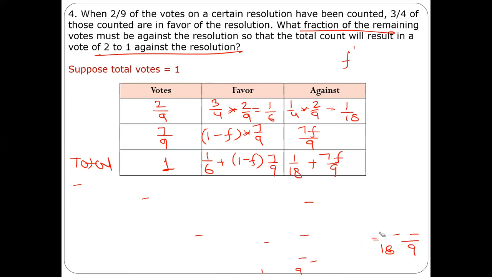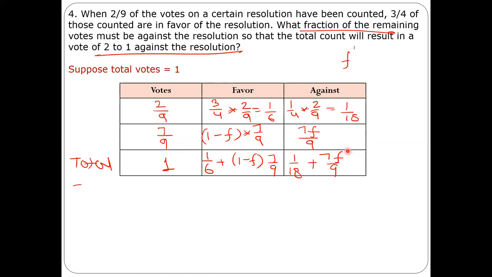So what's the requirement? The requirement is that the total count will result in a vote of 2:1 against the resolution. Which means that since we assumed the total number of votes as 1, and the total count will result in 2:1 against the resolution, do you agree that 2/3 of the votes should be against the resolution and 1/3 should be for?